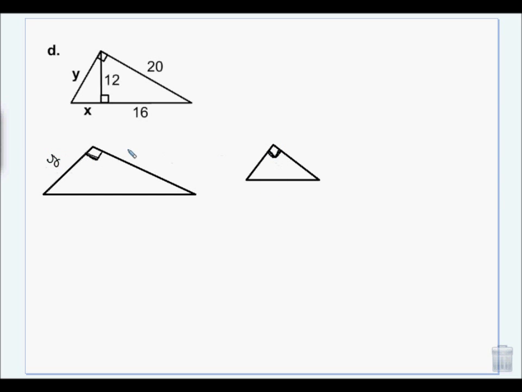I label my large triangle, and now I look at my small triangle, right? The 90-degree angle is here, so I have a short leg and a long leg. Short leg, long leg. So my short leg is X, my long leg is 12, and the side that's left over is Y.